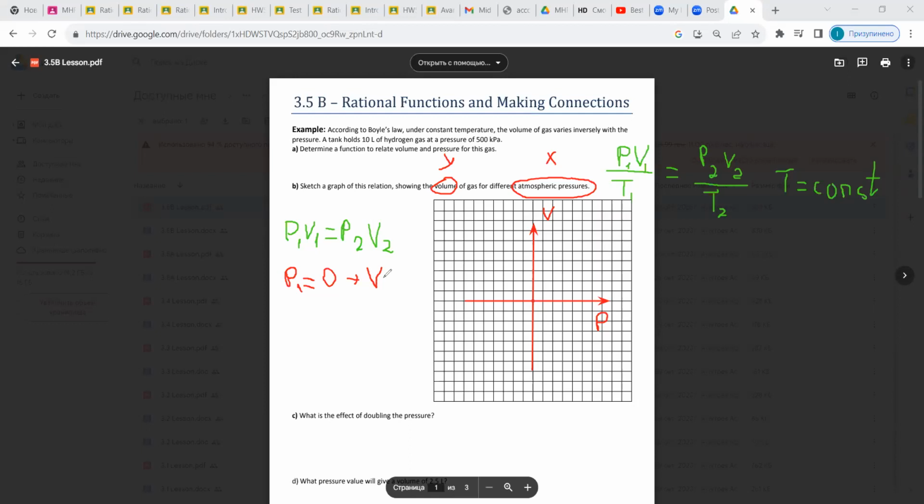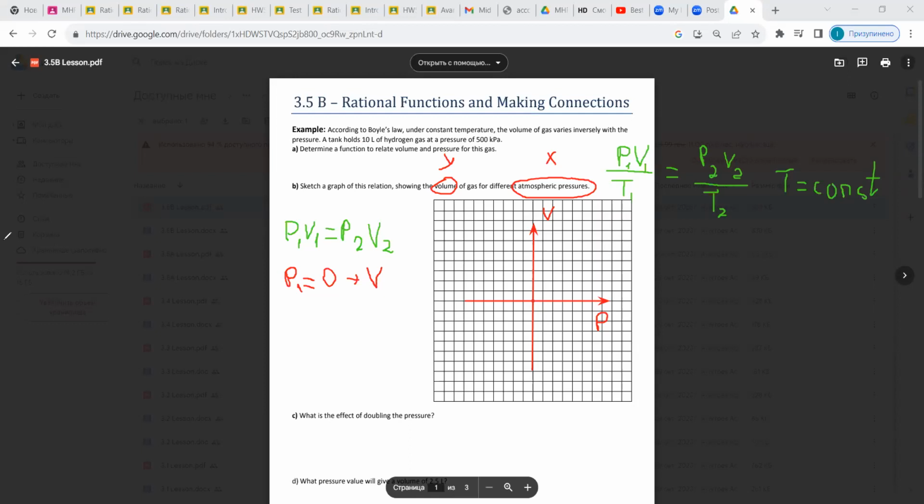We don't know what volume is going to be when pressure equals 0. But we know that in our question, the volume of the tank is 10 liters, right? And this tank contained this 10 liters of hydrogen. Oh, sorry. Yeah, it's hydrogen. This tank would always contain 10 liters of hydrogen, right?